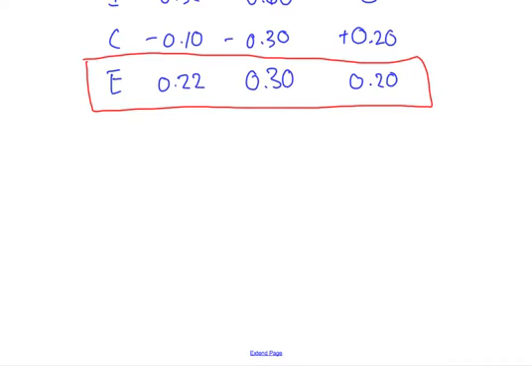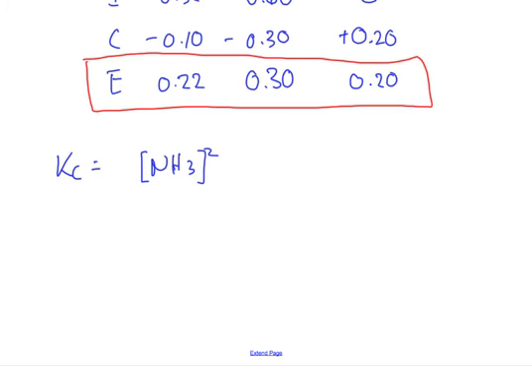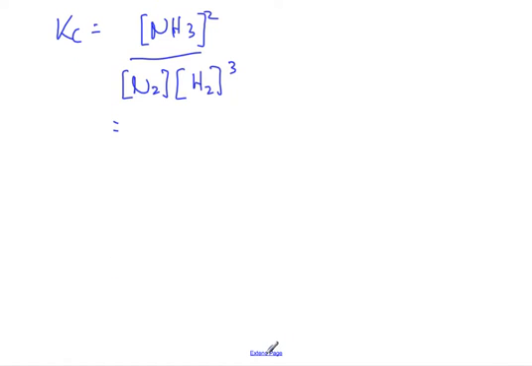So the next thing we need is our equilibrium expression. So Kc equals, and if we just quickly go back, make sure we look at our NH3, ammonia, squared, over N2 to the 1, H2 cubed. Now we can just substitute in.